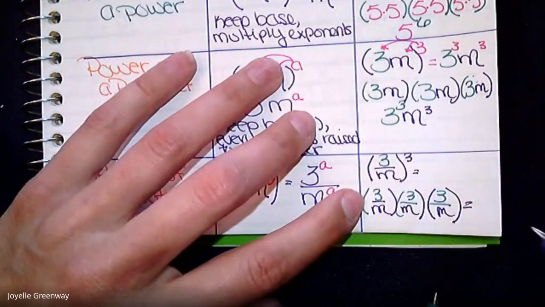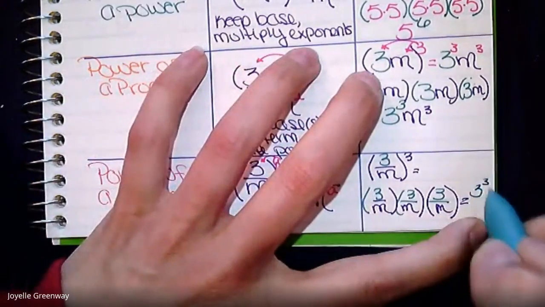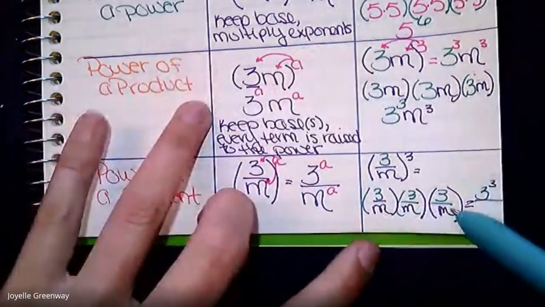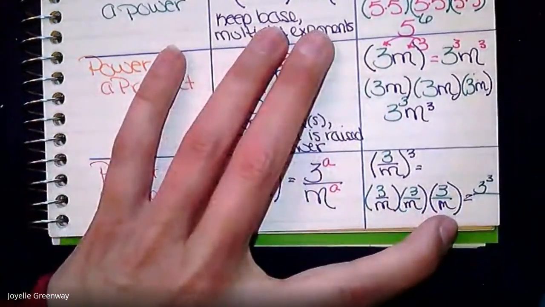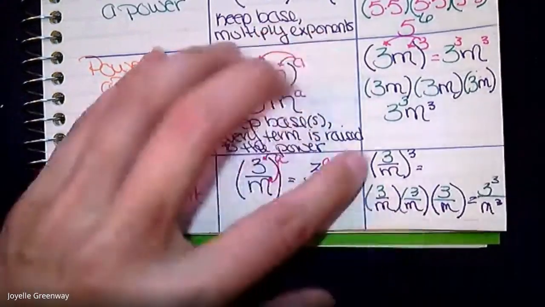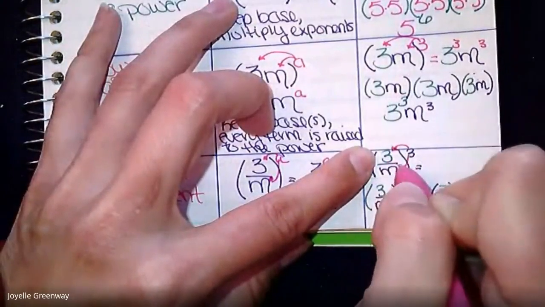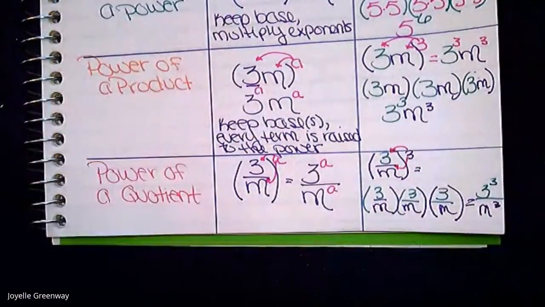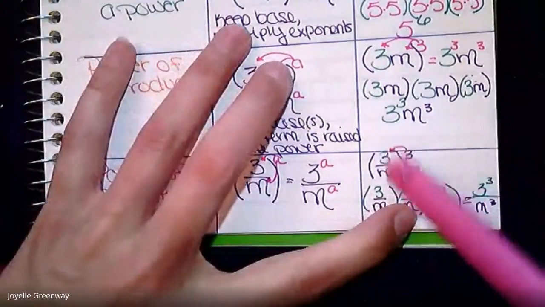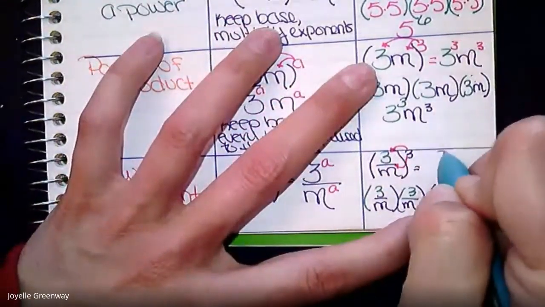So that's 3 times 3 times 3, which is 3 cubed, over m times m, which is m cubed. Or if you just apply the rule, you distribute that third power to both terms, but it needs to be as an exponent.